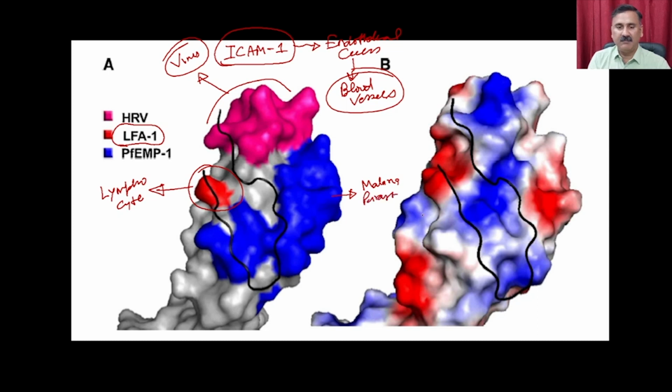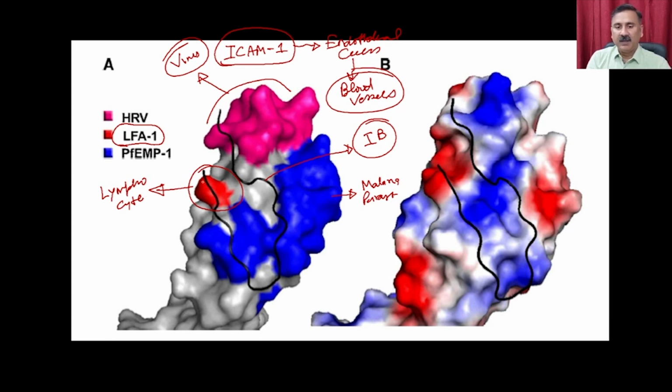Here I am showing the same in terms of the positive and negative charges. So this is the topology of the different types of charges. And what you see, this black color thread is a peptide, which is called the inhibitory peptide. This peptide is known to disrupt the interaction of the ICAM1 with the LFA1.